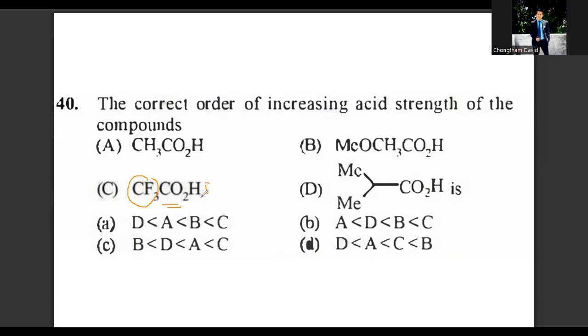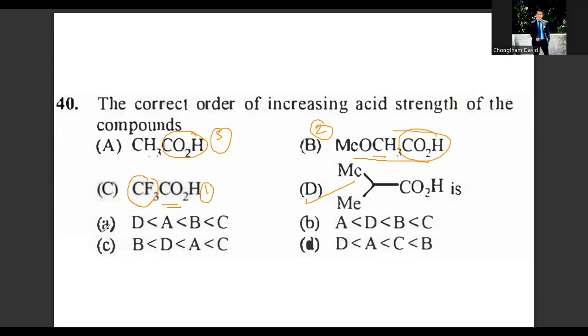This must be the first, followed by this carboxylic acid containing group 2. This is also a carboxylic acid, but you should know there is a plus I effect here, less pronounced in A. This is 3. Last is D.